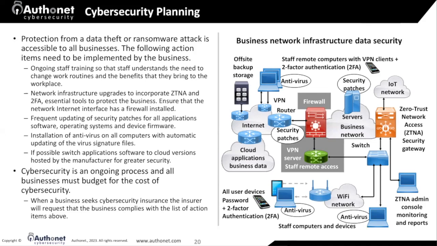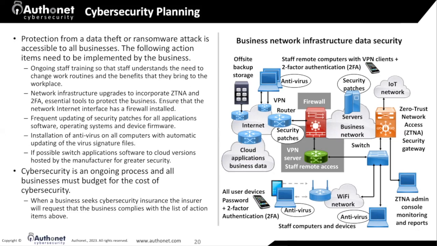For example, updating security patches for operating system software and also application software and device firmware. We want to ensure that we have antivirus installed on all computers, and we have automatic updating of those files.